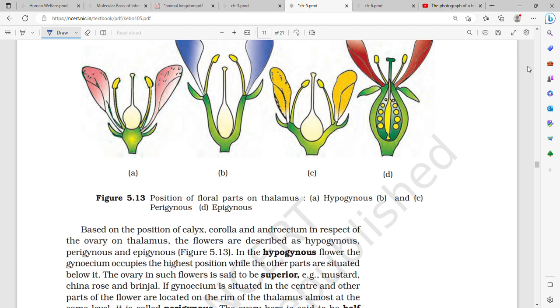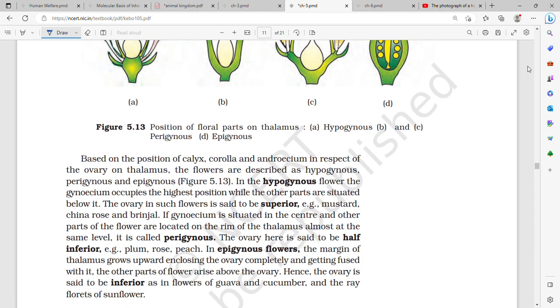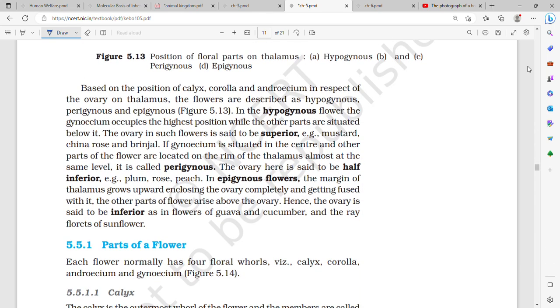Hypogynous, perigynous and epigynous. Based on the position of calyx, corolla and androecium in respect to the ovary or thalamus, the flowers are defined as hypogynous, perigynous and epigynous.